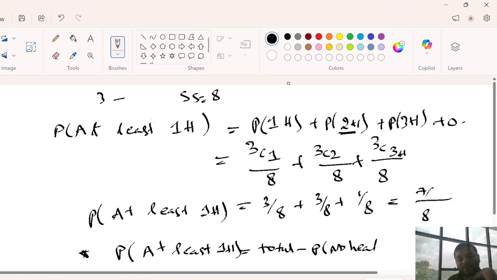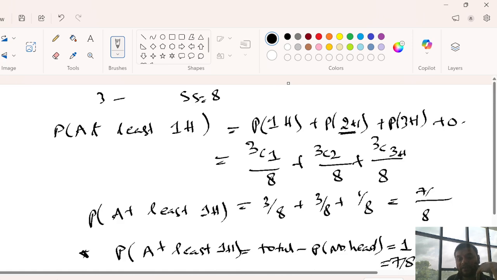We know the total probability, the probability of any event, is nothing but 1, minus the probability of no head, which means you will have to choose zero heads. Out of the three coins, I am choosing zero heads, divided by 8. 3C0 is nothing but 1, so this is 1 minus 1 by 8. That is nothing but 7 by 8.